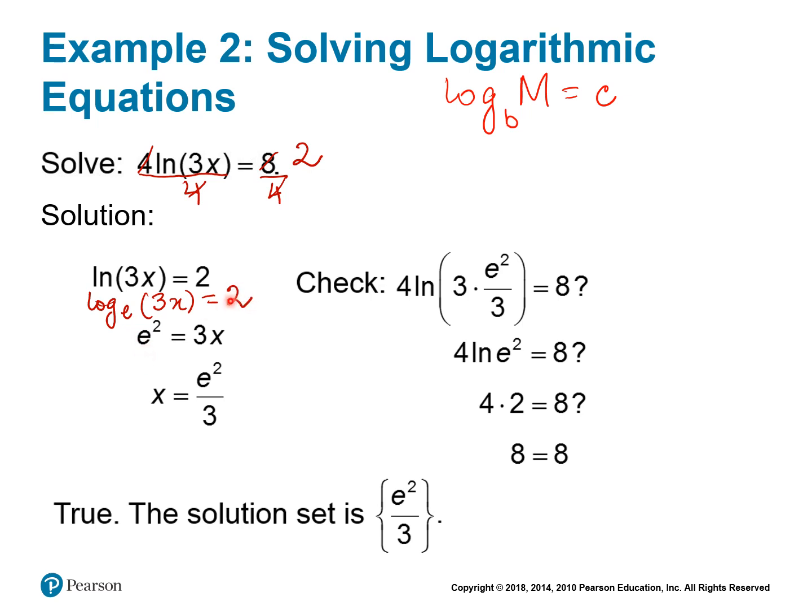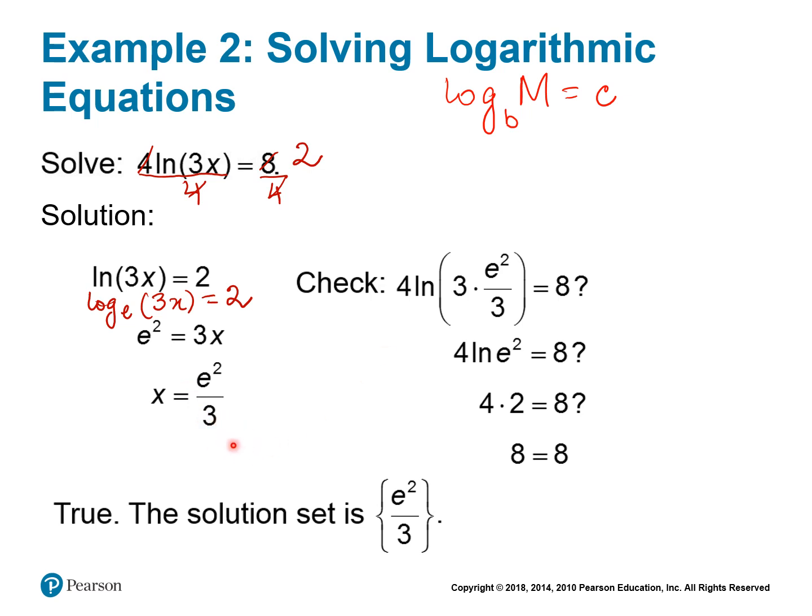This 2 goes as the exponent of e, then equal sign, and the 3x goes on the other side of the equation, correct? And now we can solve for x by dividing both sides by 3, and we have x equals e squared divided by 3.